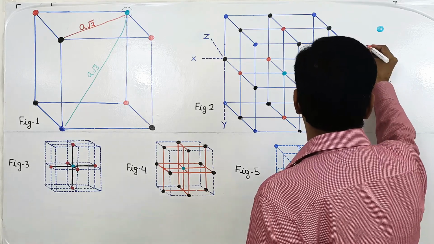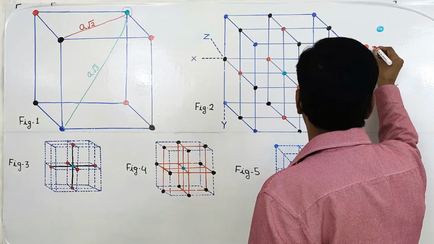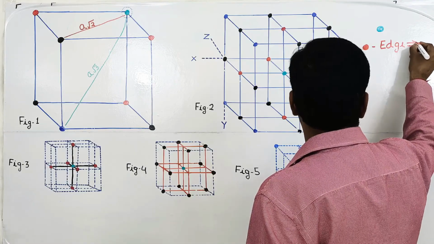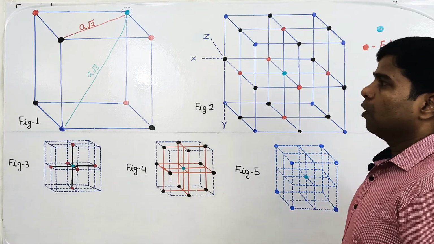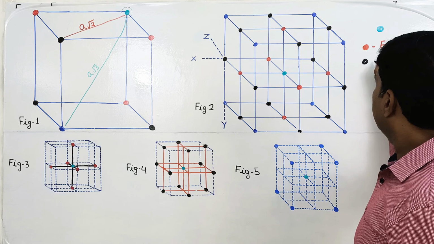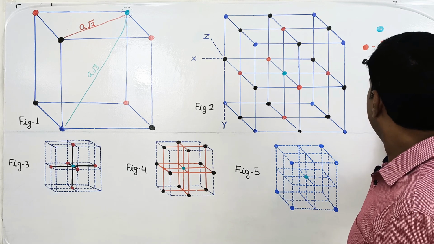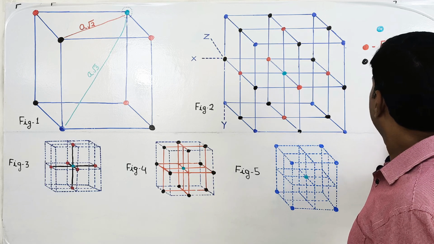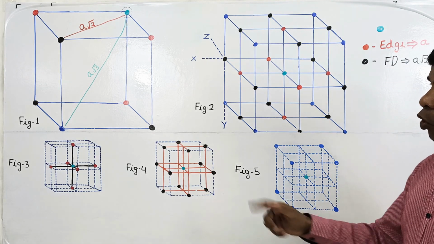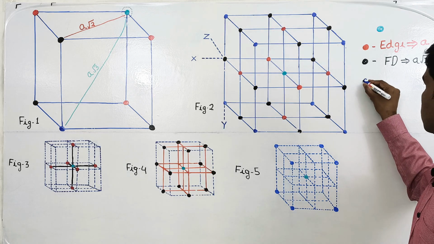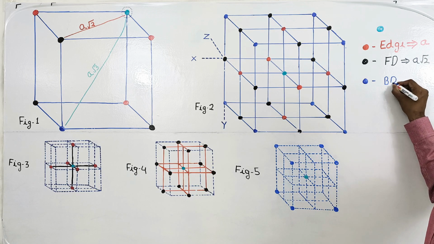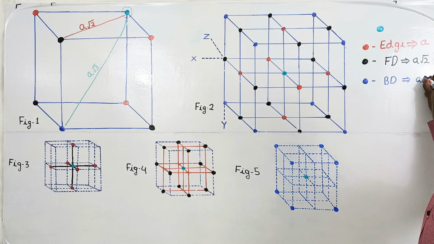All the red particles are present at the edge with the distance A. All the black particles are present at the face diagonal with the distance A under root 2, and the blue particle is present at the body diagonal with the dimension A under root 3.